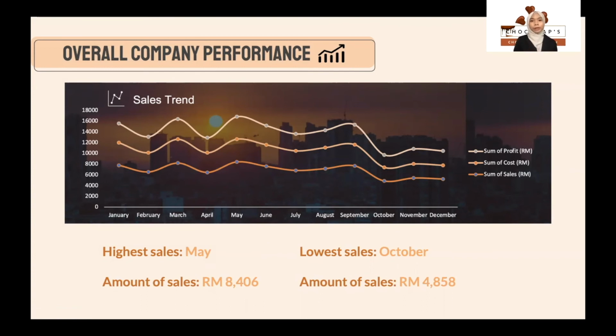The first factor of increasing sales in May is due to CMCO, Conditional Movement Control Order, and the second factor is because of the upcoming festive season, Fitri, during that time. And the lowest sales is in October, which amounted to RM4,858.